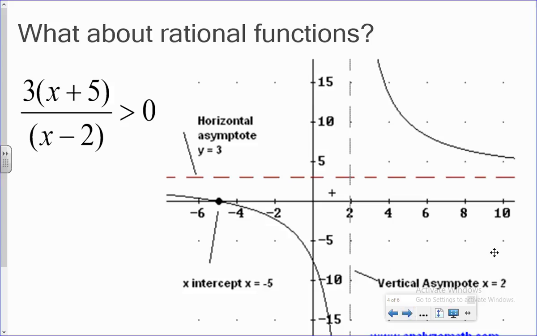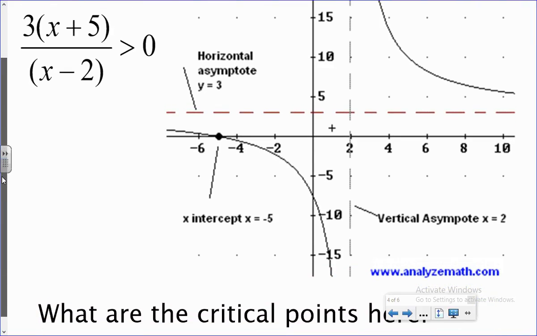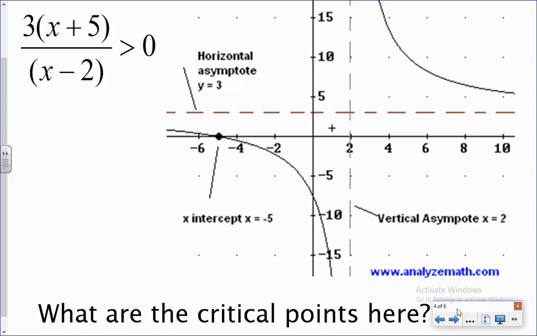You are going to get some rational graphs, rational inequalities, okay? So what I would like you to think about is how would our critical points be any different, or are they any different?